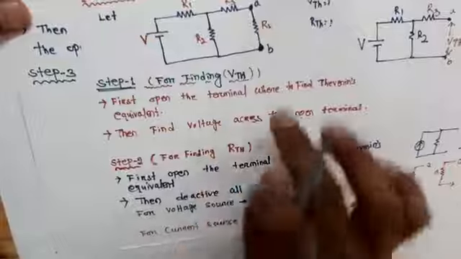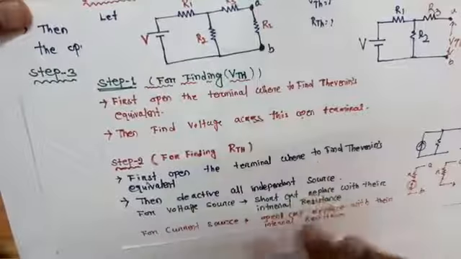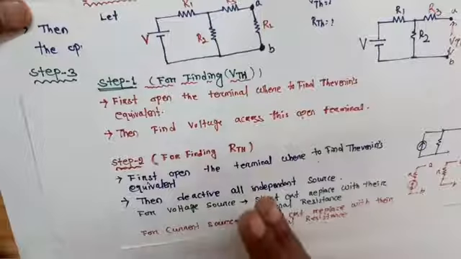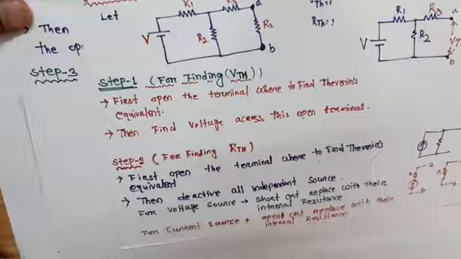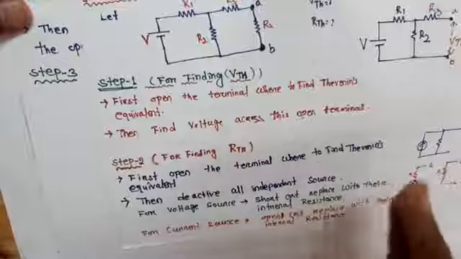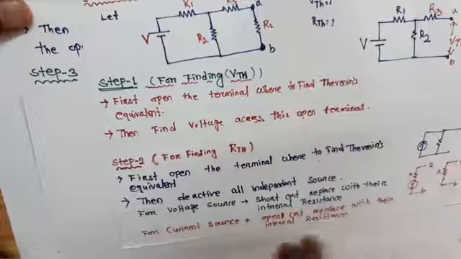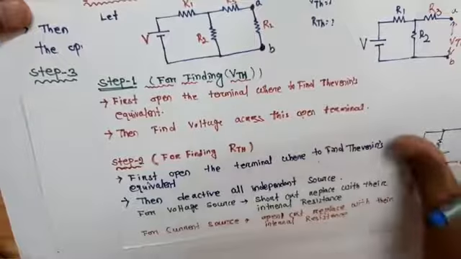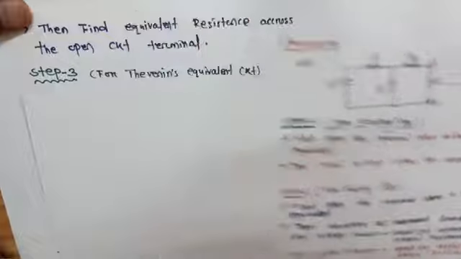First, open the load terminal where we want to find Thevenin's equivalent. Then deactivate the voltage source if present, and the current source if present. If both independent sources are present, we deactivate both.